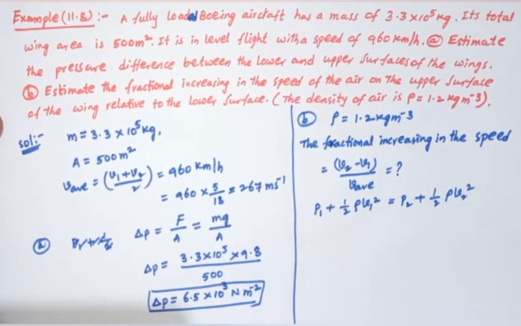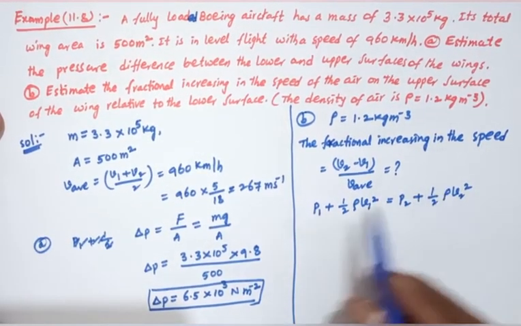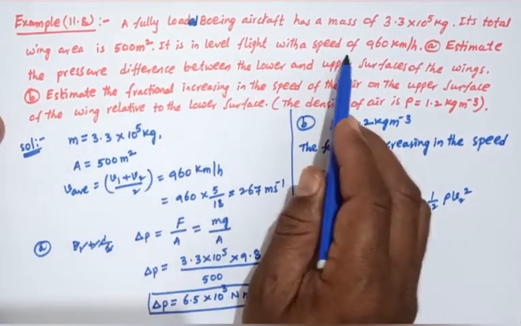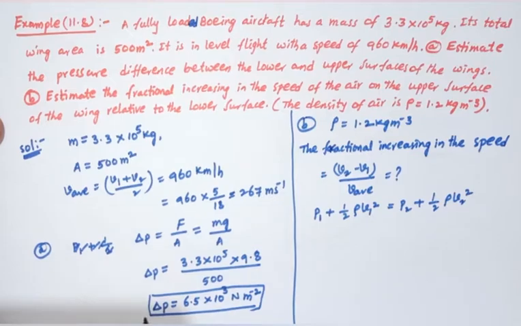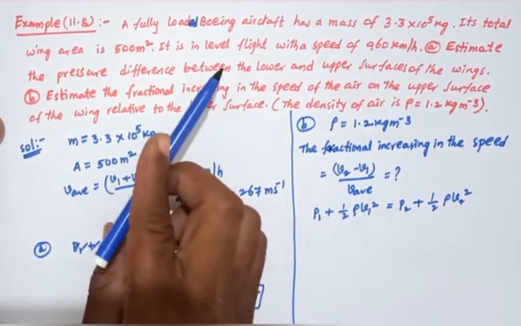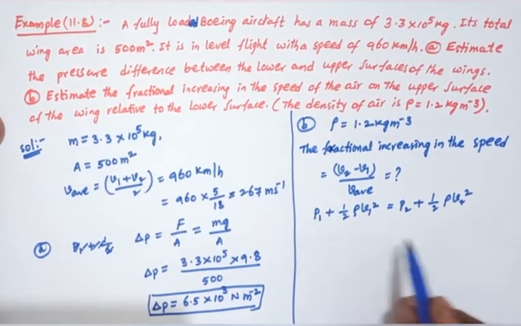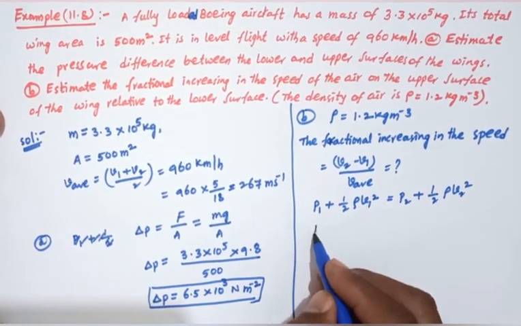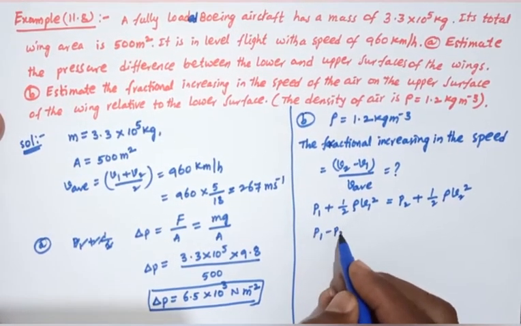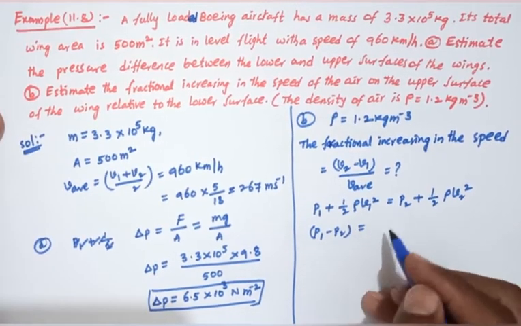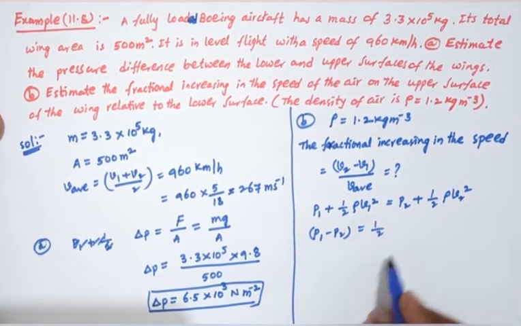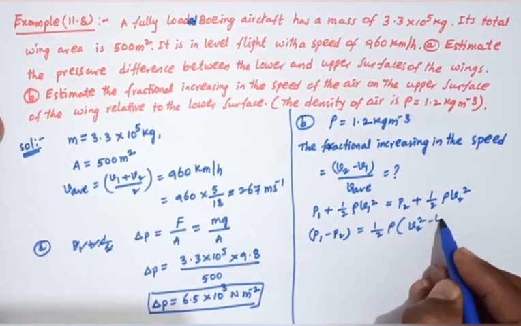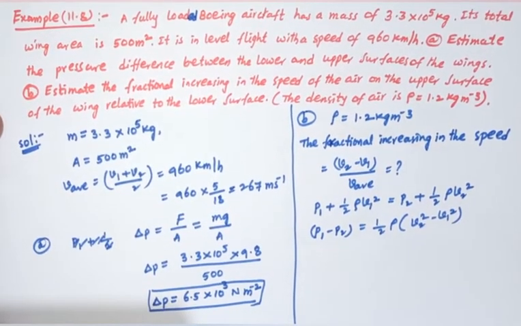Here H1 equals H2 since it is horizontal, the Boeing is in level flight, so I cancel the gravitational potential energy. So P1 minus P2 equals half rho into V2 square minus V1 square.